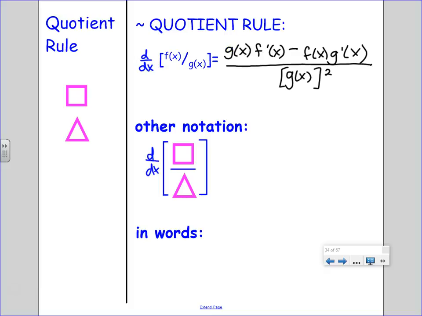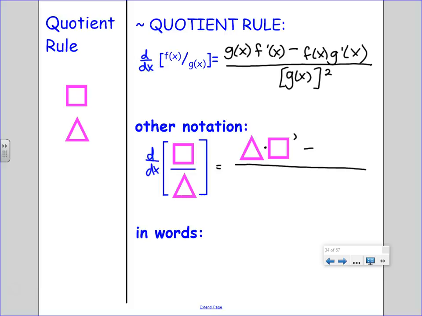Now for the product rule, I'd say second d first minus first d second all over second squared. But for a fraction, it doesn't really work that well. So here's what I'm going to do instead. Instead of second, bottom. Why? Because he's on the bottom. Bottom d top.